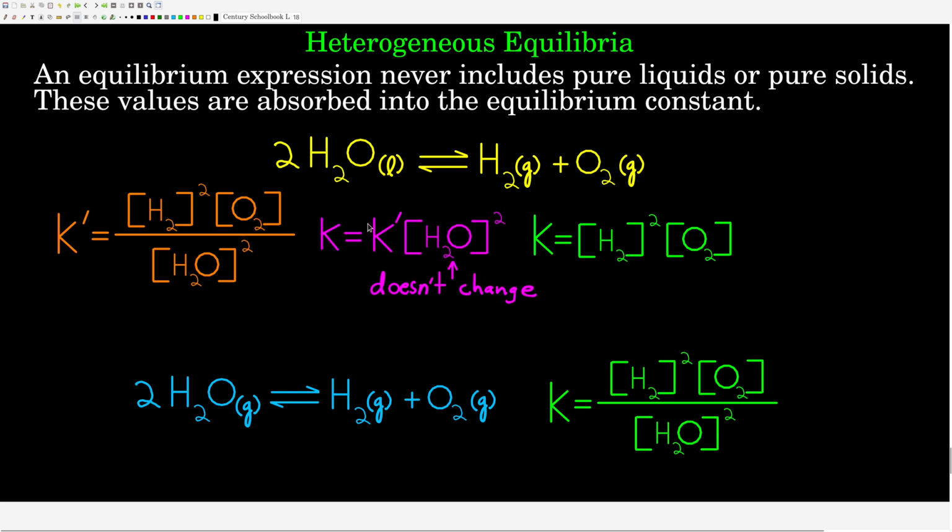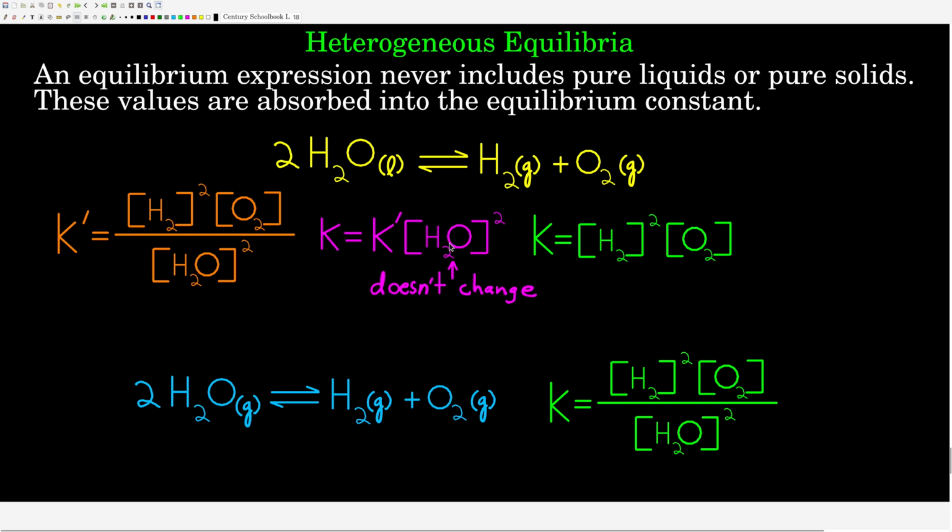And the reason is this. If we wrote the K, we'll call it K prime, as products over reactants raised to the powers of their coefficients, we could write the K as being equal to this times the concentration of water squared. Now, the concentration of liquid water does not change.